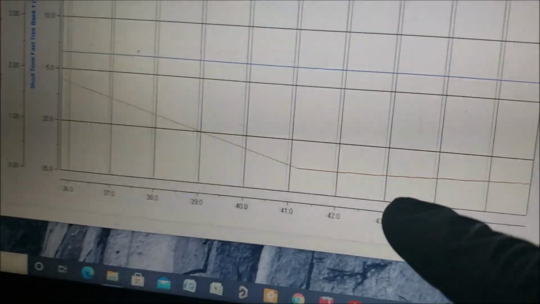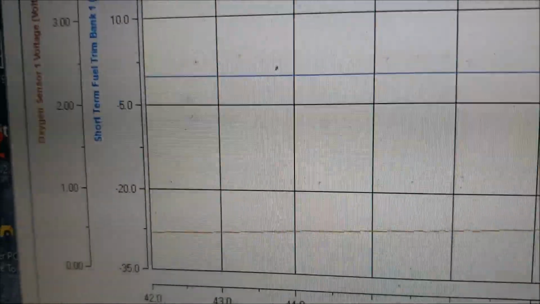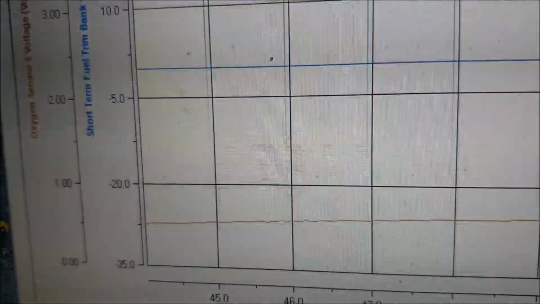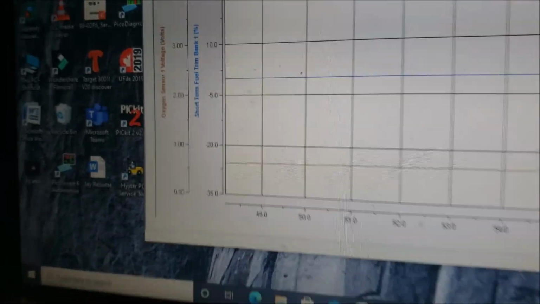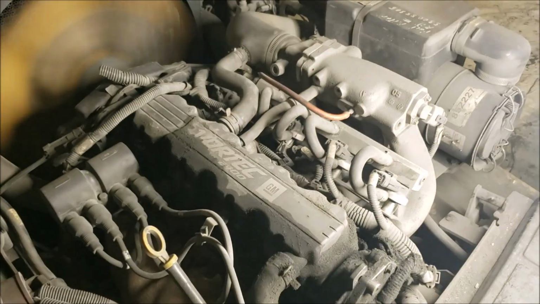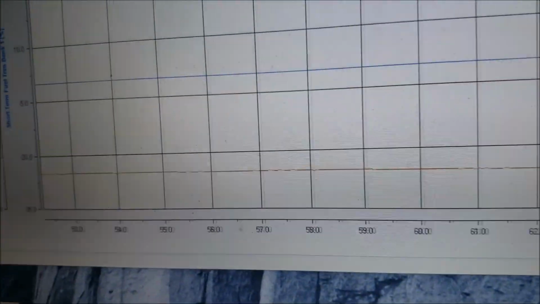Oxygen sensor voltage up to 1. My short-term fuel trim is possibly 0 right now, starting out cold. It's not running as bad right now, but we'll see once it goes into closed loop.